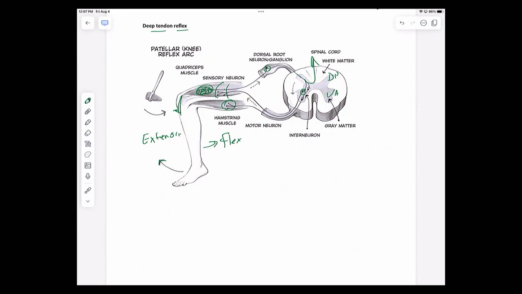So this guy comes here, he's going to be synapsing onto an interneuron, and that interneuron then is going to release inhibitory neurotransmitters, probably glycine or GABA or something like that, and it's going to shut down this motor neuron that's trying to get this muscle to contract here. So it's actually going to inhibit that muscle group.